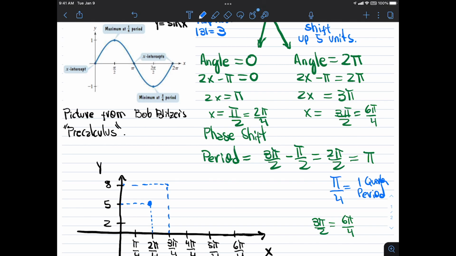Another 1/4 period to the right, I move down 1 amplitude. Another quarter period to the right, I move down. And another quarter period to the right, I move up again. I'm always moving up and down based on amplitude, and I'm always emulating the behavior of this sine. So this is what I'll have.